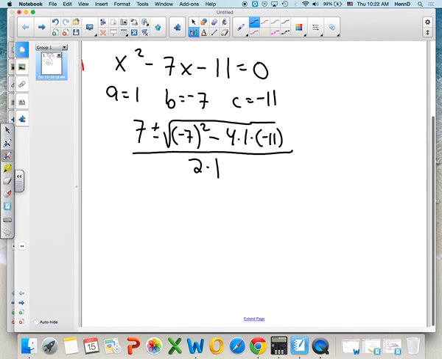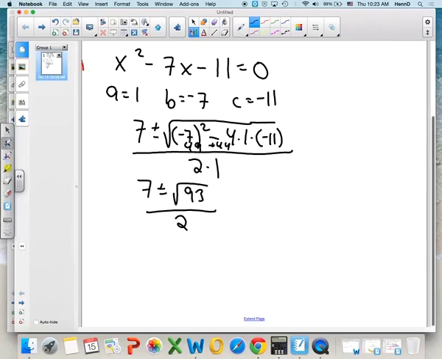From here, use your calculator. So you can just type in this whole piece right here, negative 7 squared minus 4 times 1 times negative 11, and it should give you 93. Because this part is 49 right here, and this part is plus 44 right here. So it's 7 plus or minus the square root of 93 over 2.